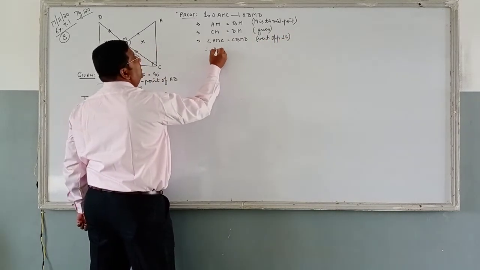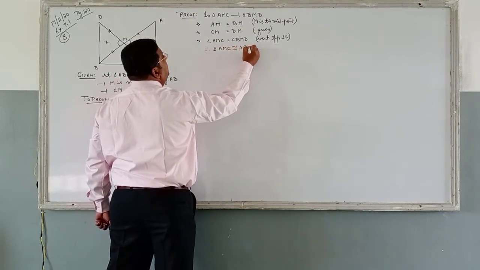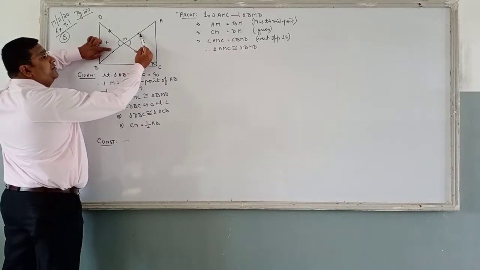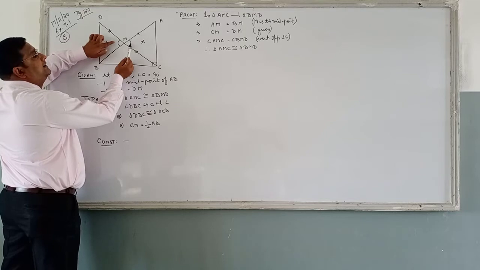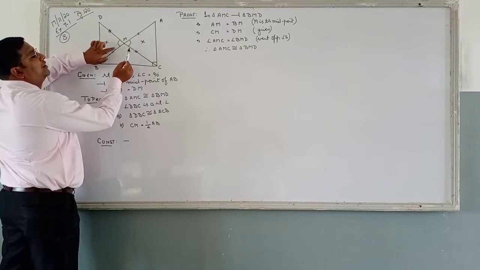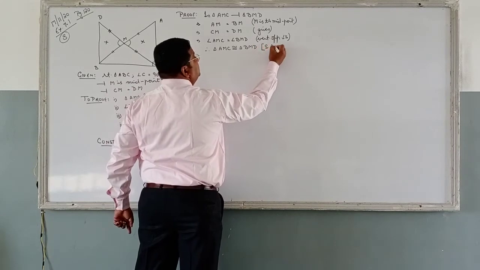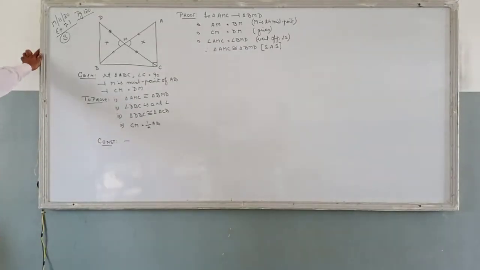So therefore, triangle AMC is congruent to triangle BMD. By what congruency? Check. AM equals BM, CM equals DM, two sides are equal and the angle between two sides is equal. So what congruency? SAS. Yes or no? This is how we prove it congruent.